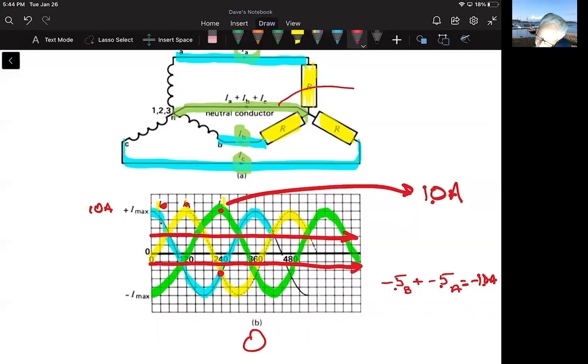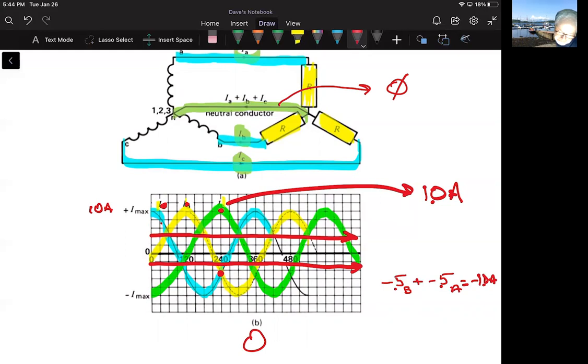Therefore, the current flowing in a balanced system at any point in a 4-wire system would always be 0.